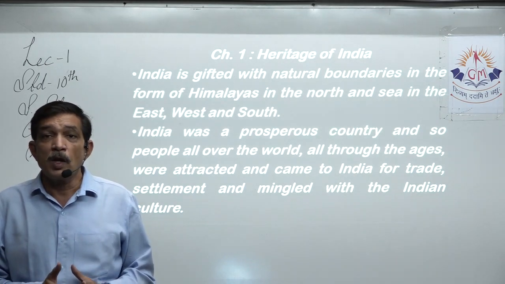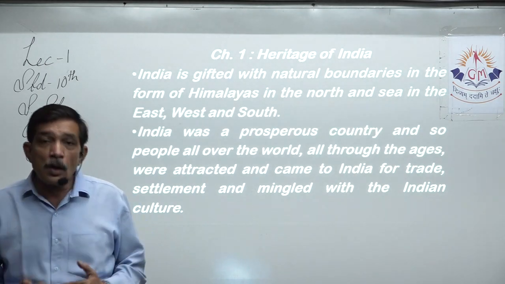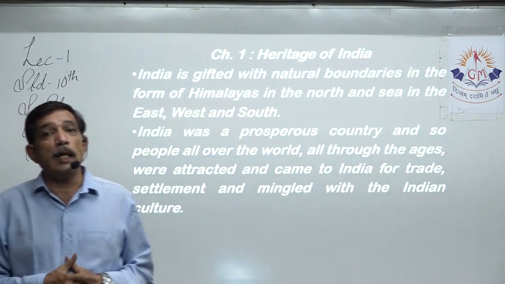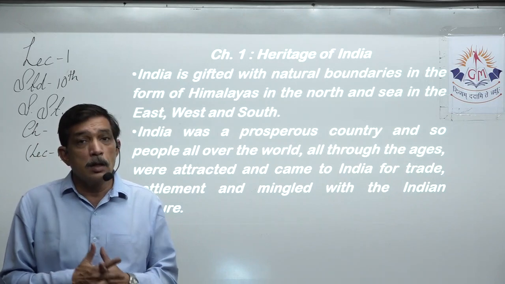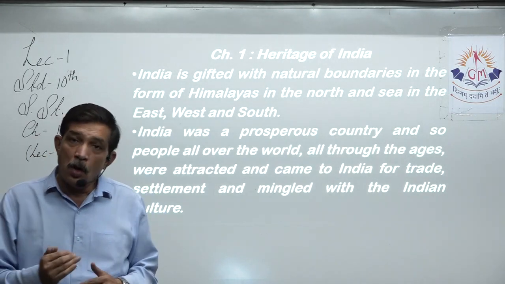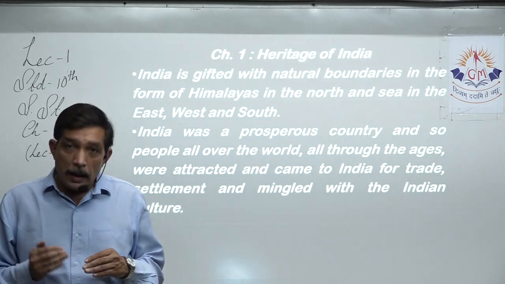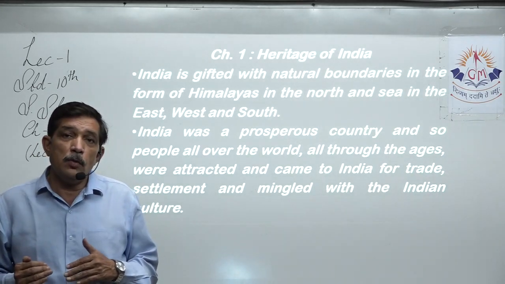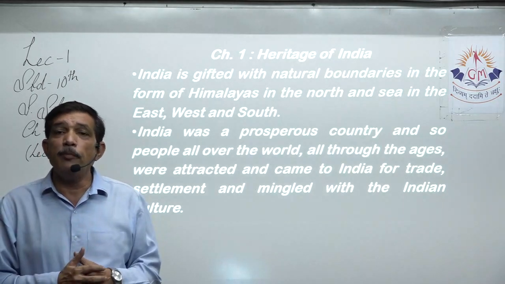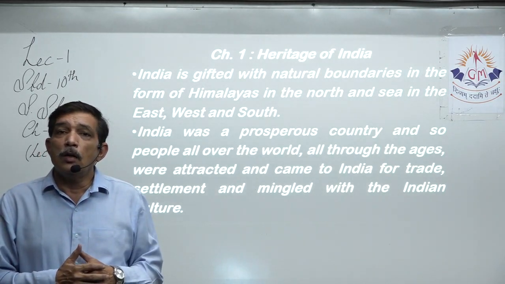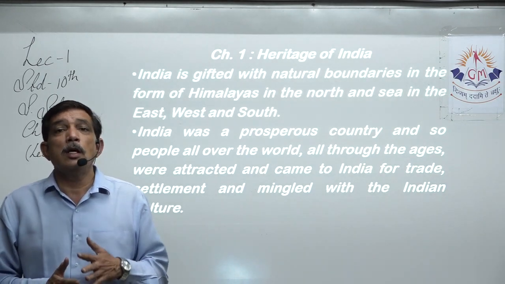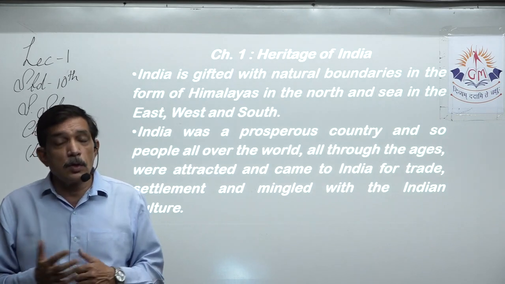Why is that so? First thing is, we are near the equator. So we have an equatorial tropical sort of climate, which is not so cold, not so hot. If we go to the southern end, we see that most of these 4 or 5 states in the southern area are quite fertile, with lots of vegetation, with lots of crops growing over there.